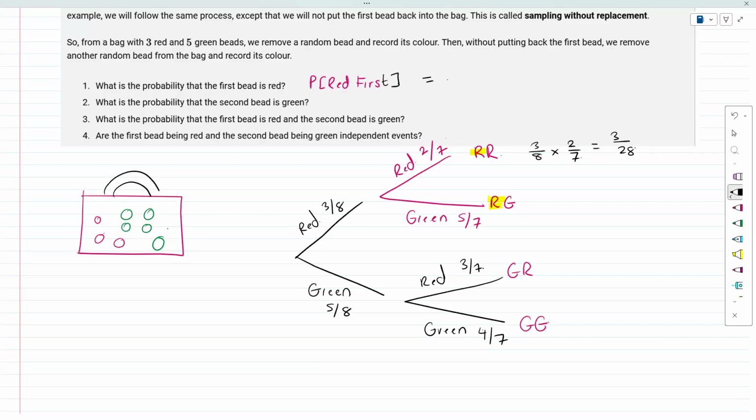Guys, probability does take a little bit of time. Red and then green would be 3 out of 8 times 5 out of 7. So 3 out of 8 times 5 out of 7 would be 15 out of 56. Let's do all of them. It just makes things easier for me to answer, because later on I don't have to come back and keep saying red, green, all of the stuff. 5 out of 8 times 3 out of 7 is 15 out of 56.